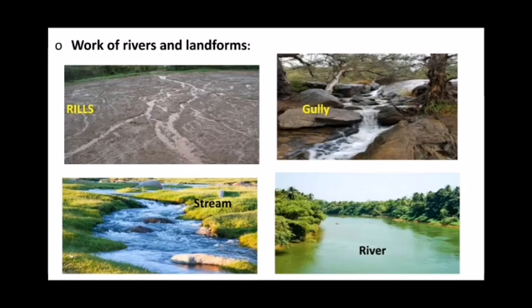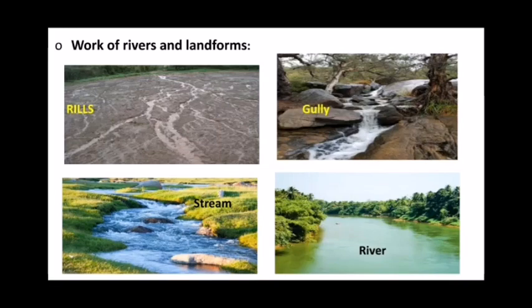So, children, erosion means a process in which earthen materials are worn away. Transportational work means when there is any force or speed of maybe a wind, river, or even gravity, that is gravitational force, the earthen particles like sand, soil, pebbles, etc. are carried from one place to another.